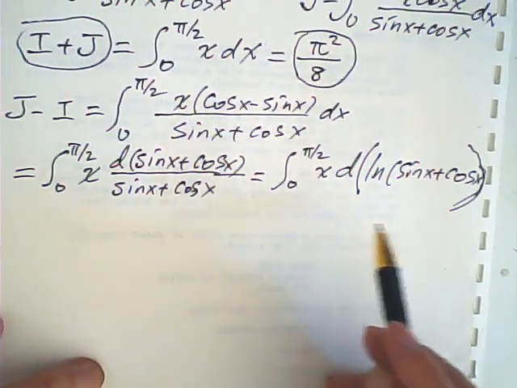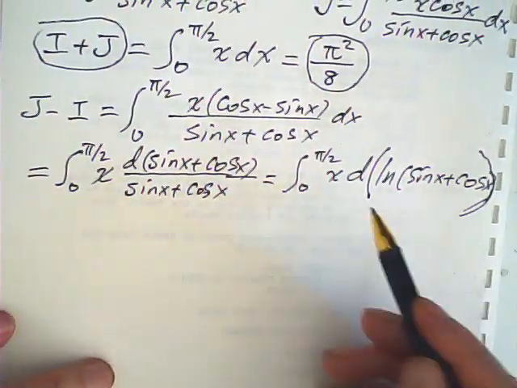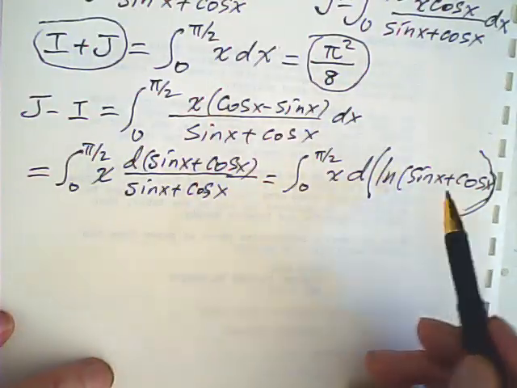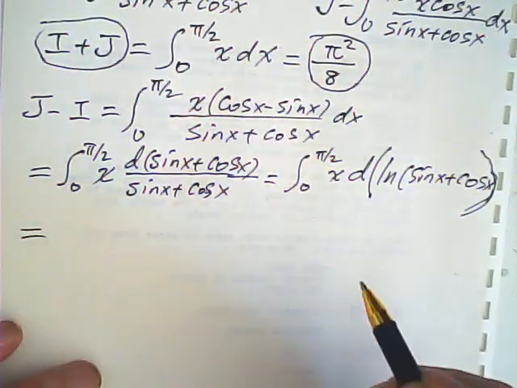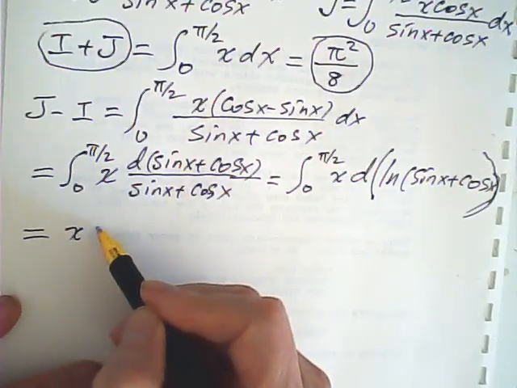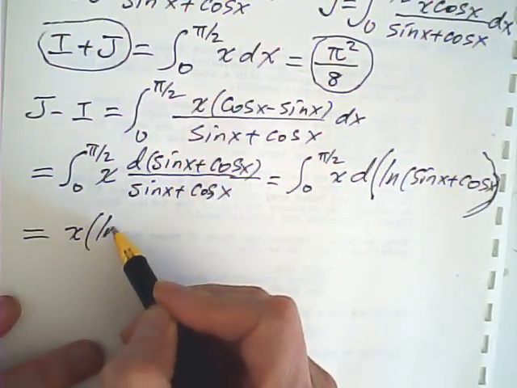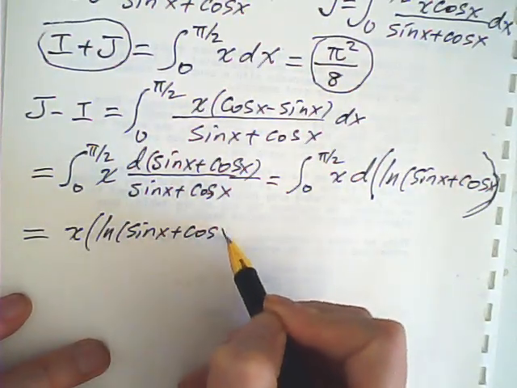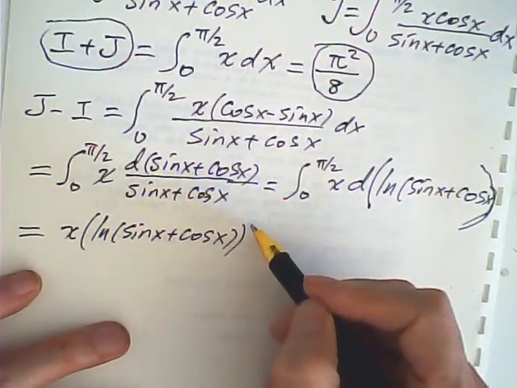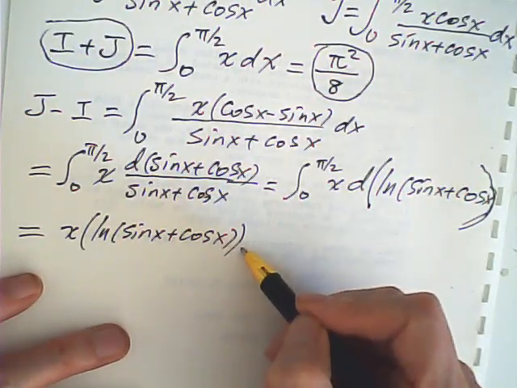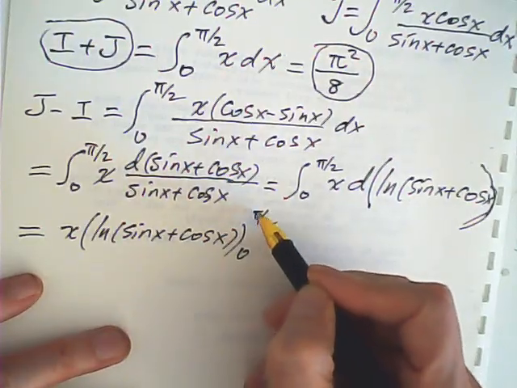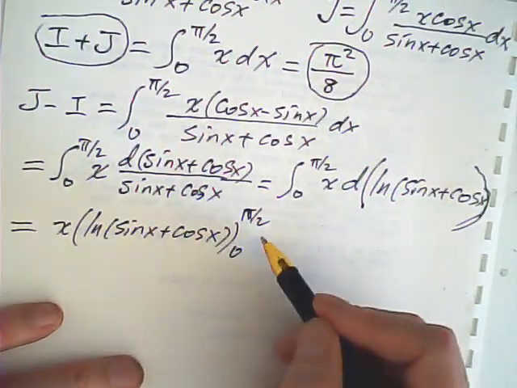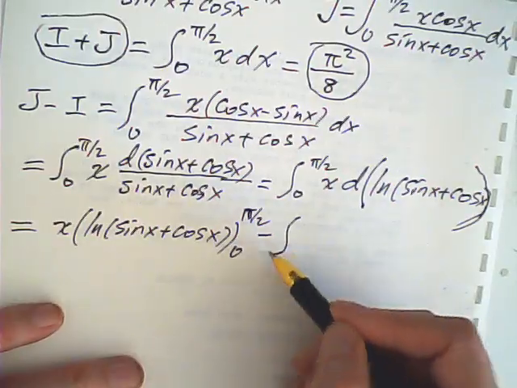Good. So once I write things like this, I can use integration by parts, the u dv. So this one is equal to uv, u times v, from 0 to half pi, minus the integral of v du.